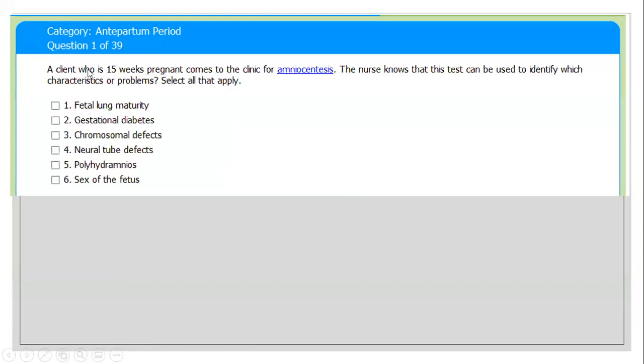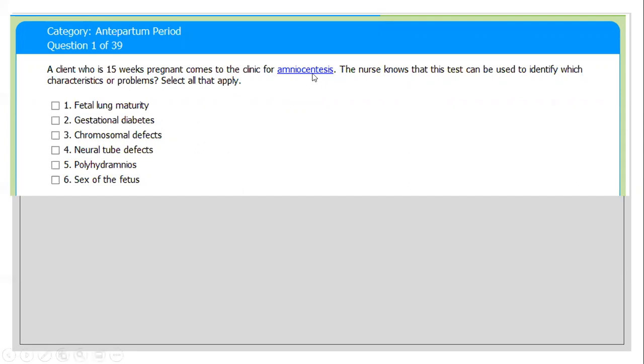Next, a client who is 15 weeks pregnant comes to the clinic for amniocentesis. The nurse knows that this test can be used to identify which characteristics or problems. Select all. So amniocentesis is a diagnostic procedure for high risk monitoring.